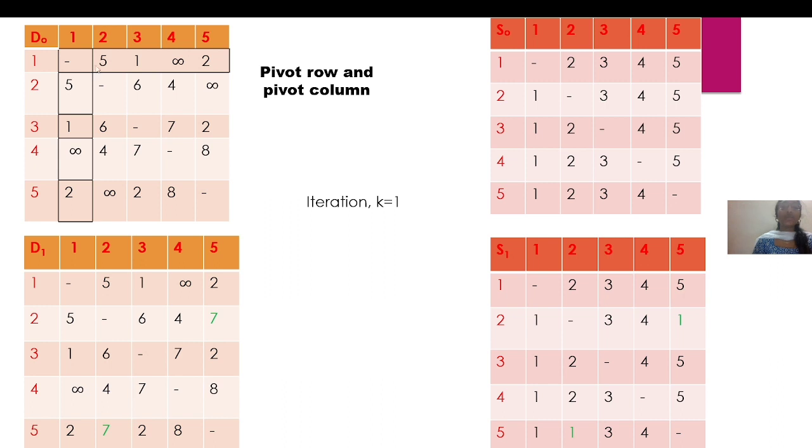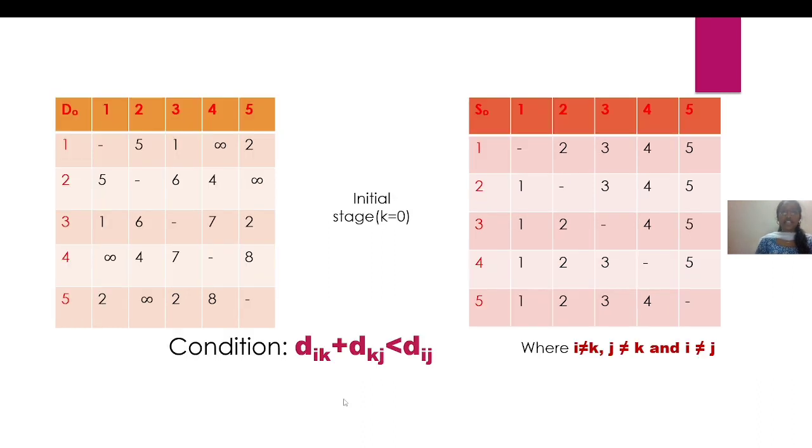In iteration 1, the first row and the first column are kept the same in the D1 matrix. That is, the first row and the first column will be the same from the D0 matrix to the D1 matrix. This row and column are denoted as the pivot row and the pivot column. The other entries from the D0 matrix are filled accordingly by using this condition.